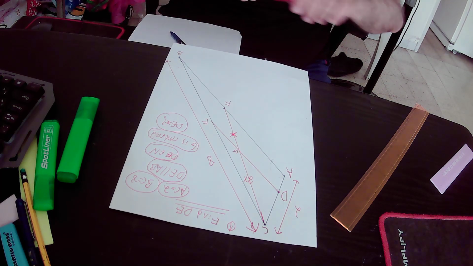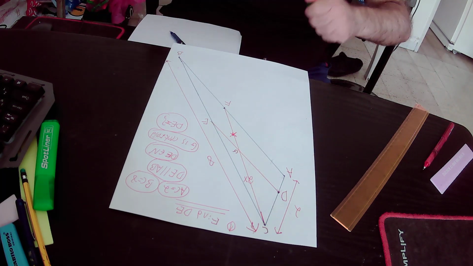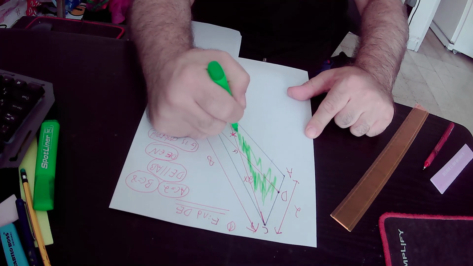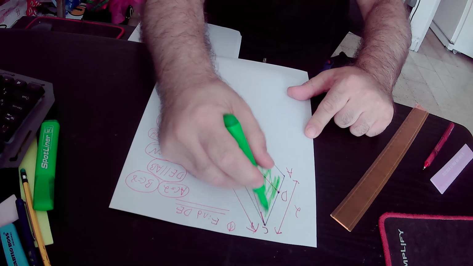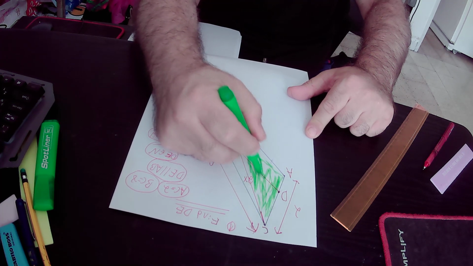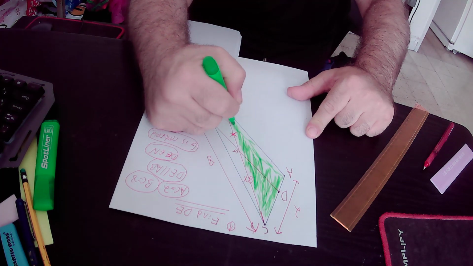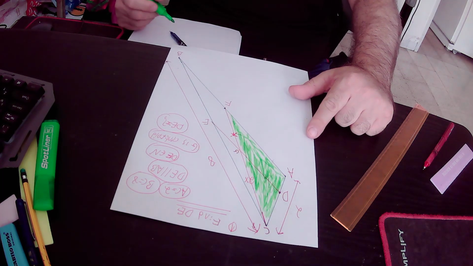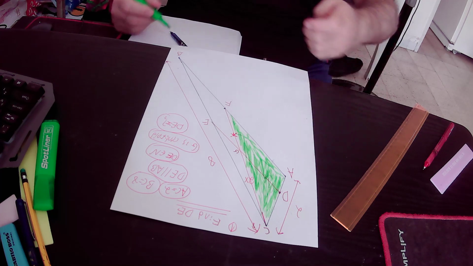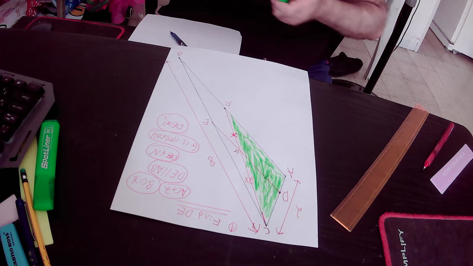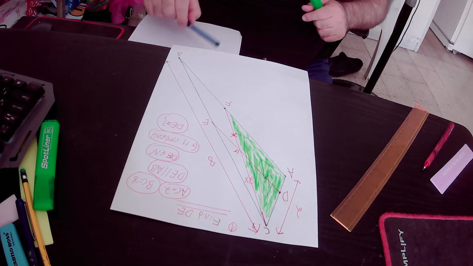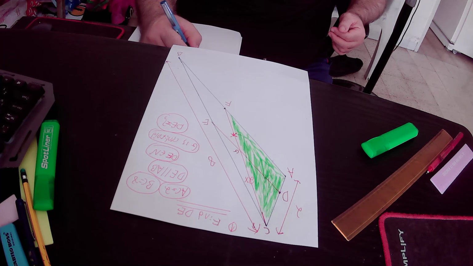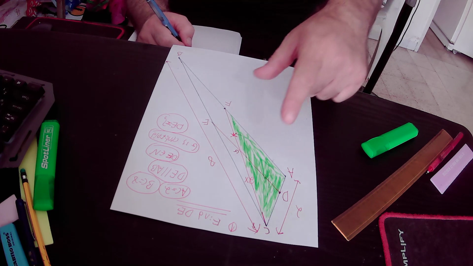Therefore, if we relate to the green triangle ACF, because of the fact that DE is parallel to AB, according to rule number 2, CD over DA will be equal to CG over GF.